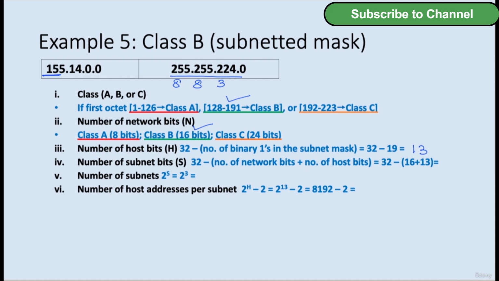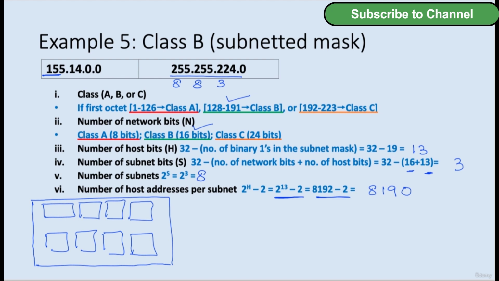Network bits are 16 and host bits are 13, so I got 3 here. Because of the 3 subnet bits, I got a total of 8 subnetworks in this network. Number of host addresses per subnet is 2 raised to the power 13 minus 2, because 13 is my host bits, and then I got 8192 minus 2, so the total number of hosts is 8190.